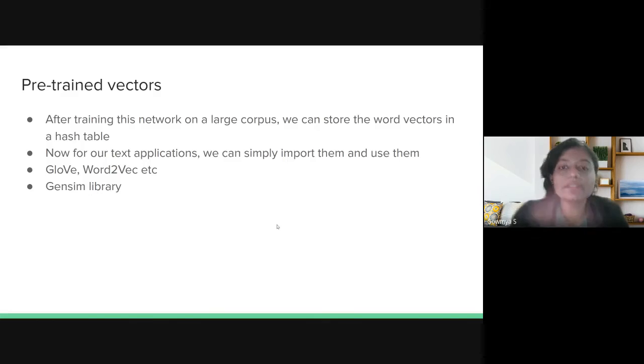So all this discussion brings us to the key important contribution, which is pre-trained vectors. Now, as a user, as an engineer, I will not have time to build a vector over 42 billion words, right? So after training this network, we now have freely available vectors for words in Gensim, spaCy, and many other libraries where we just import them and use them.